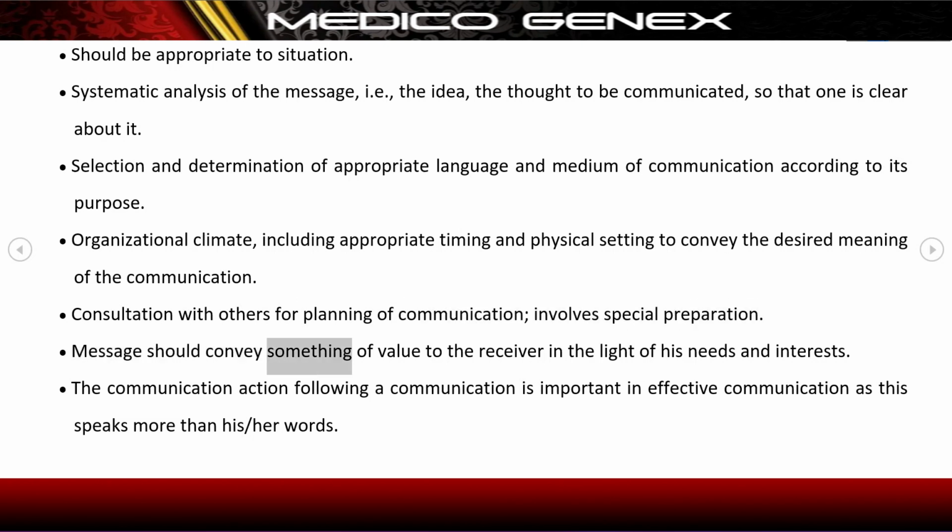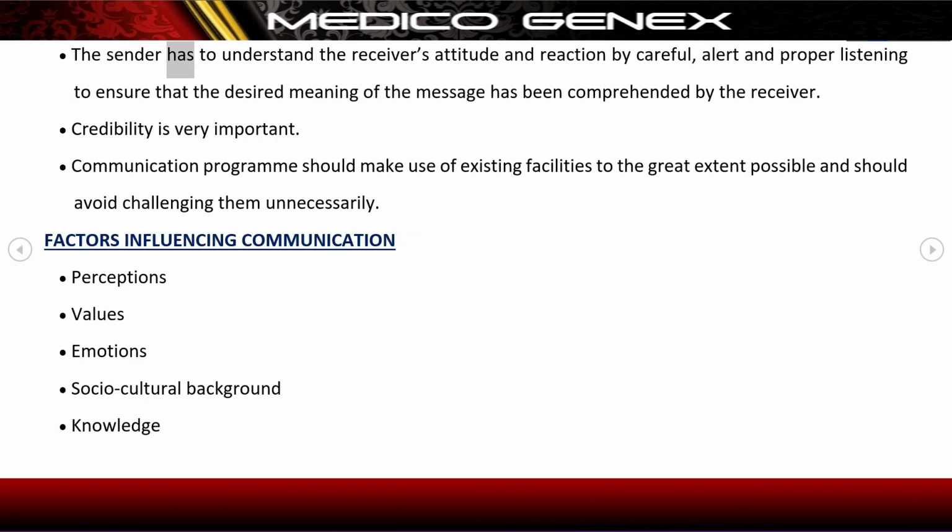Message should convey something of value to the receiver in the light of his needs and interests. The communication action following a communication is important in effective communication, as this speaks more than his/her words. The sender has to understand the receiver's attitude and reaction by careful, alert, and proper listening to ensure that the desired meaning of the message has been comprehended by the receiver. Credibility is very important.